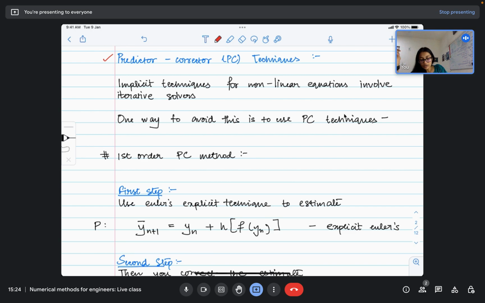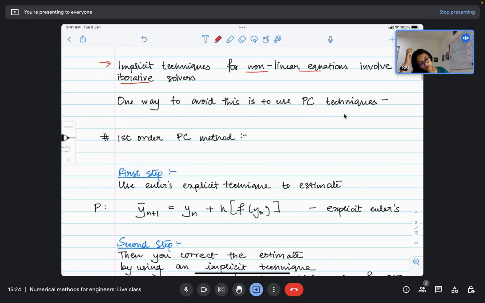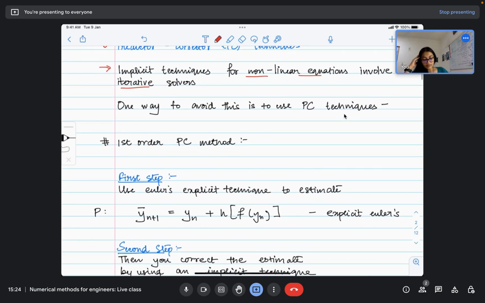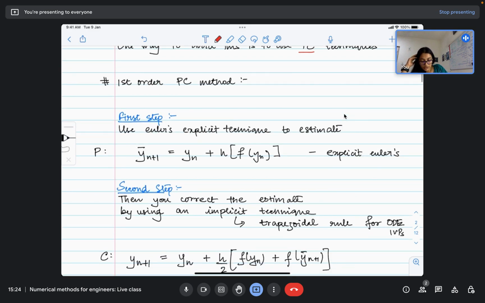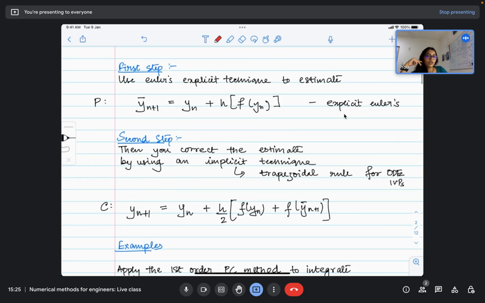So we are highlighting one of the issues of the implicit technique over here, that implicit techniques for nonlinear equations involve these iterative solvers. Okay, so one way to avoid iterative solvers is to use predictor corrector techniques. Okay, so first let's look at the first order predictor corrector technique, and why first order we'll understand at the end of this derivation.